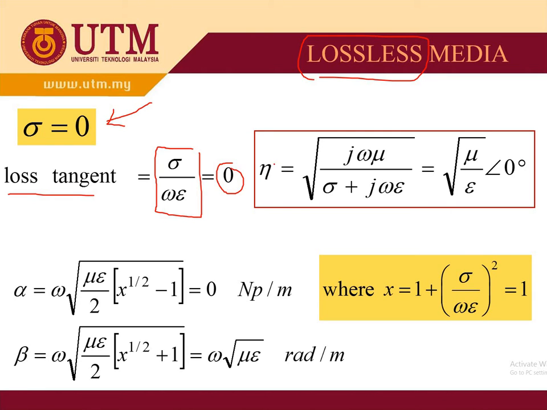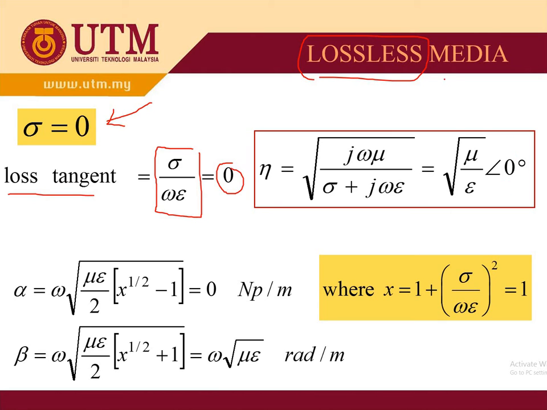And the intrinsic impedance is the square root of j omega mu over j omega epsilon, and you see the angle is 0 degrees.